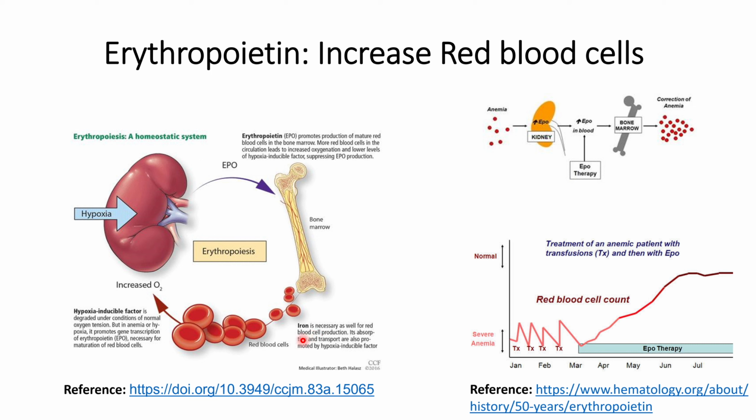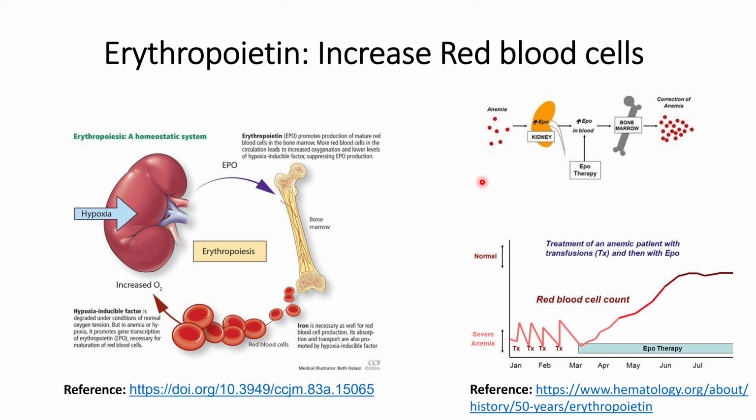The reason could be that iron, since the hemoglobin is directly related to iron, so when the hemoglobin is not enough, the iron is also not enough. So less iron content will also cause hypoxia inducible factor.